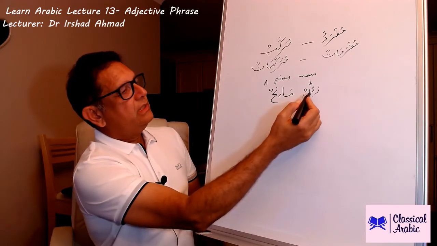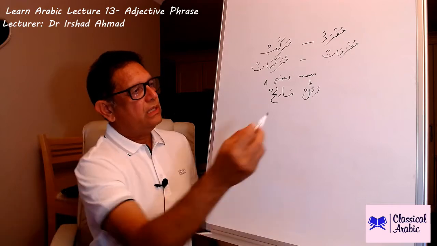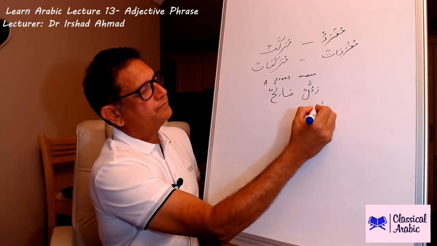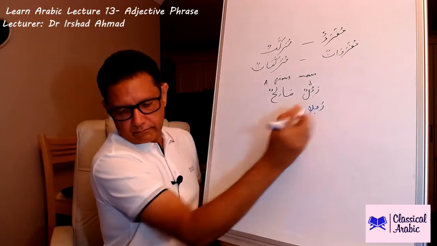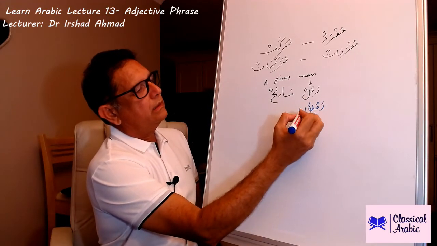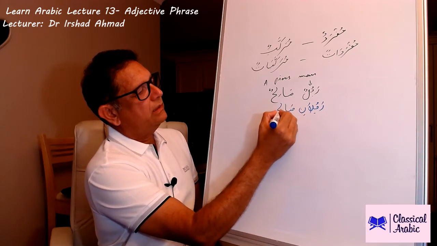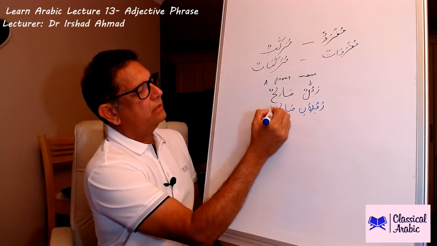So if we make this dual, we can say rajulani, and this will become salihani.